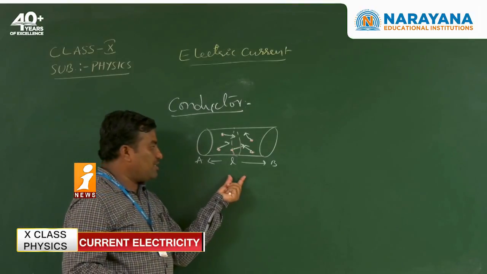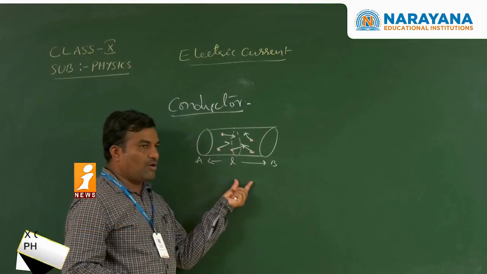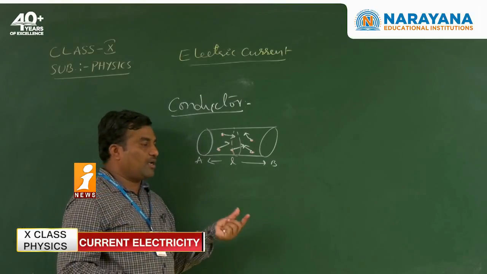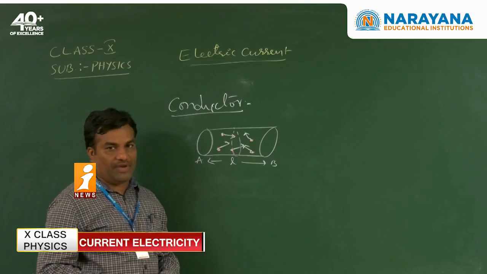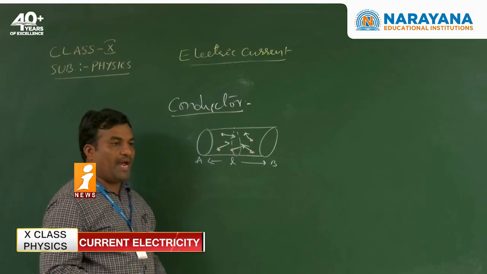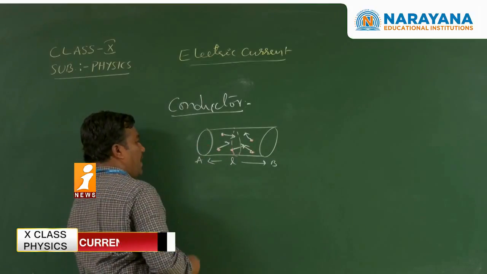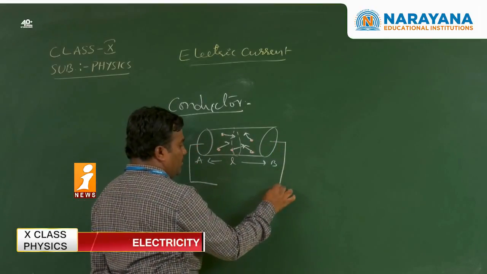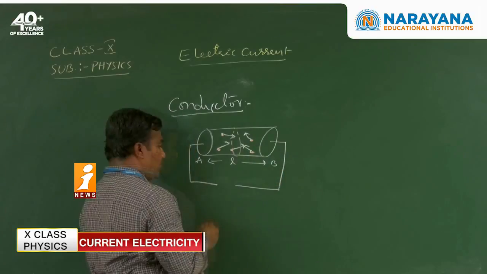So what happens? We can apply an electric field to the motion of electrons at the ends of the conductor. Electric field means a battery. We connect the battery across the ends of the conductor.